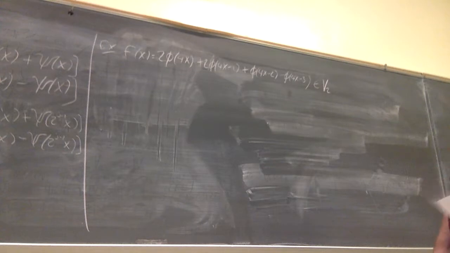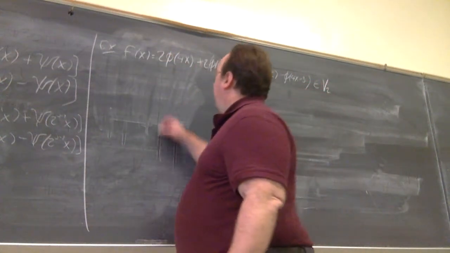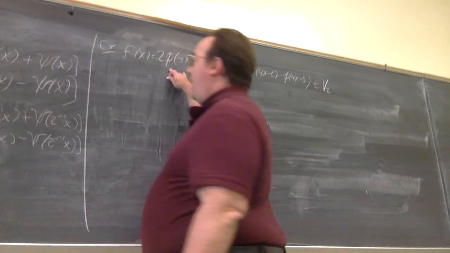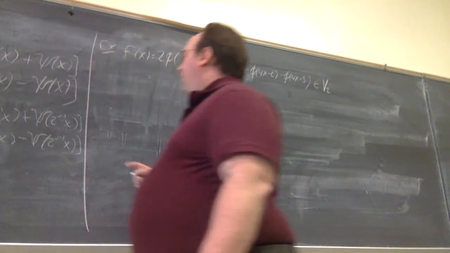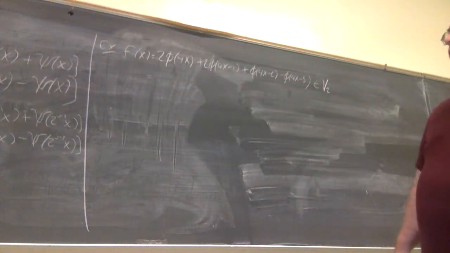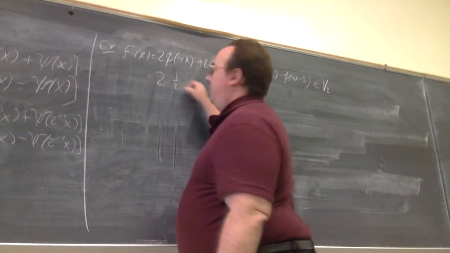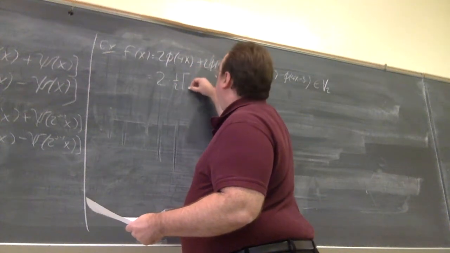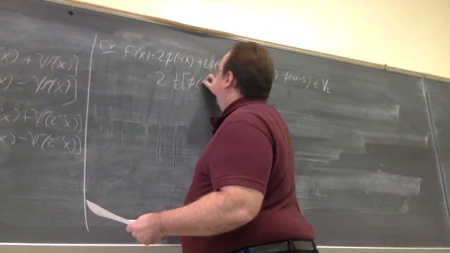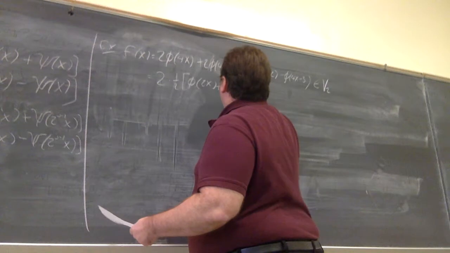Okay, so the way I'm going to do this is I'm going to apply these formulas here. So starting with phi of 4x, that just means I use this with j equal to 2. So using this equation, I have 1/2 phi of 2x plus psi of 2x.